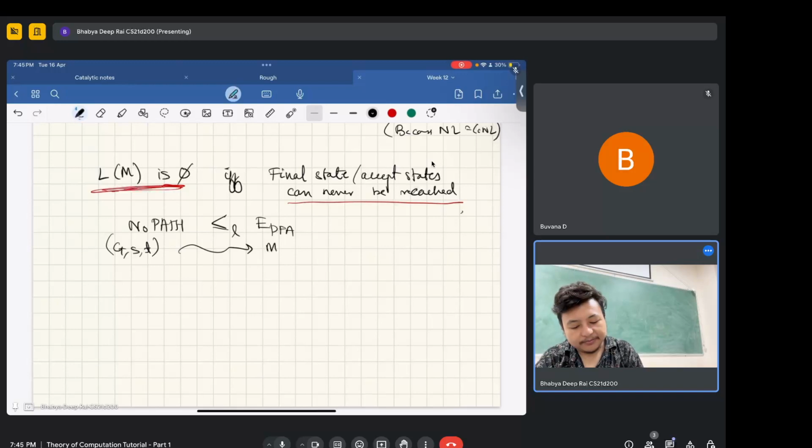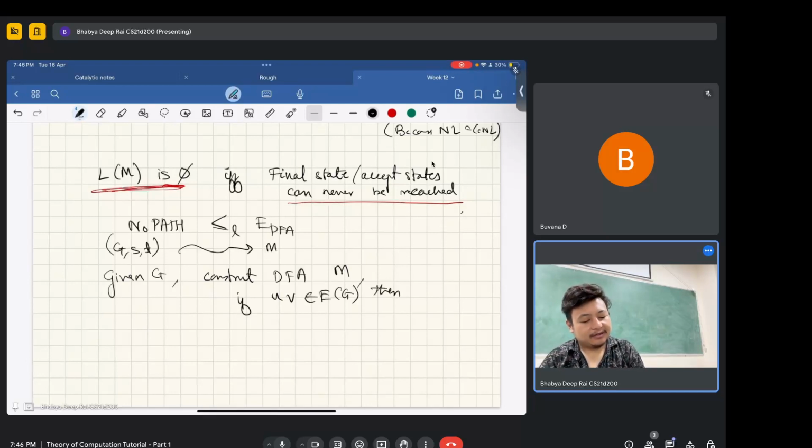What we are going to do is, given G, construct DFA M so that if (U, V) is an edge in G, then make a transition delta(U, 1) = V, where U and V are states, on an arbitrary symbol, say 1.